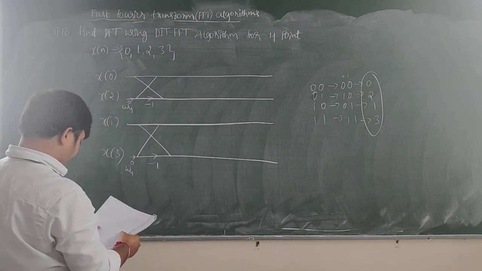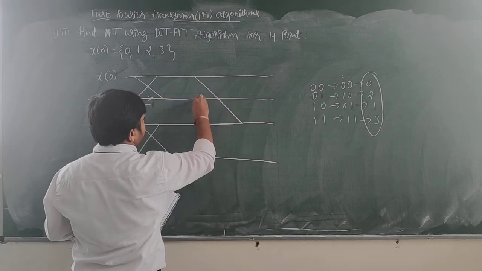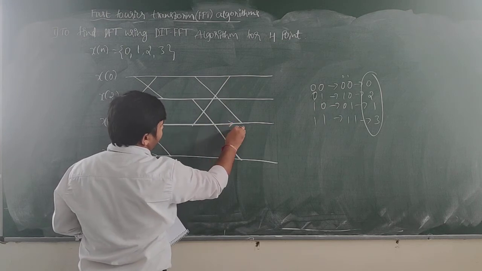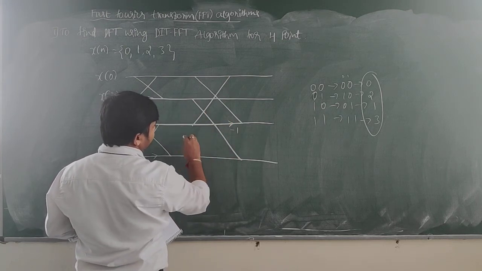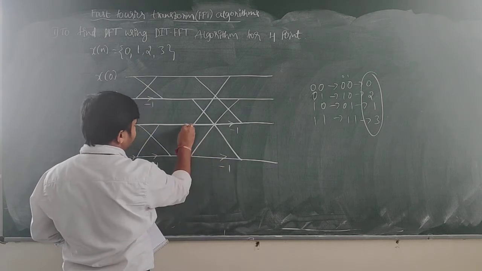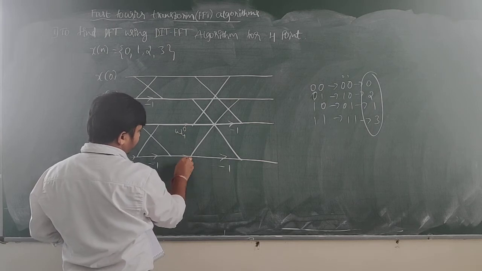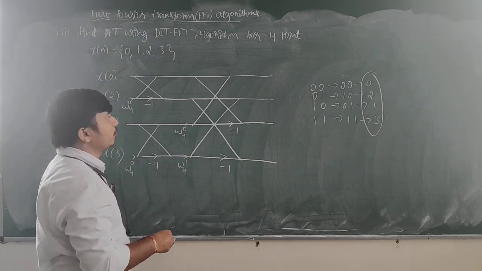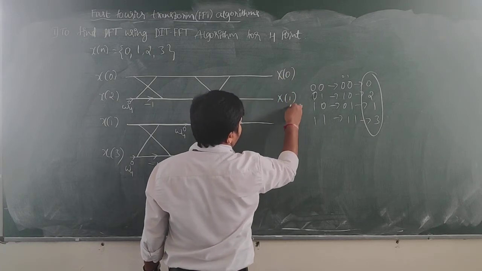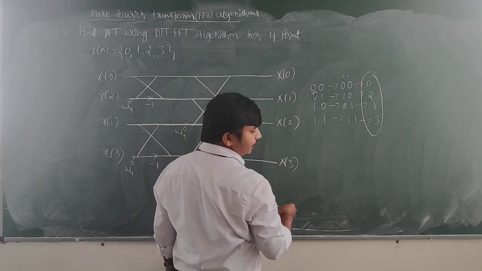Next, minus 1: here W4 power 0 and here W4 power 1. And the outputs are x of 0, x of 1, x of 2 and x of 3.